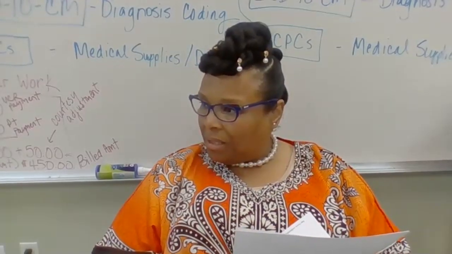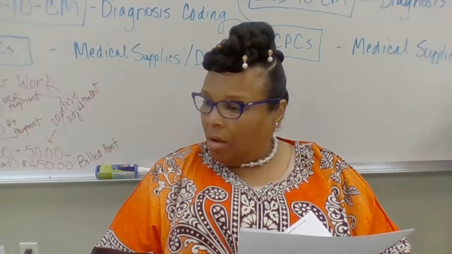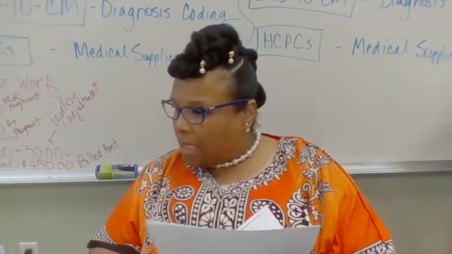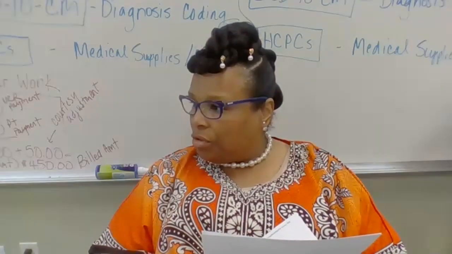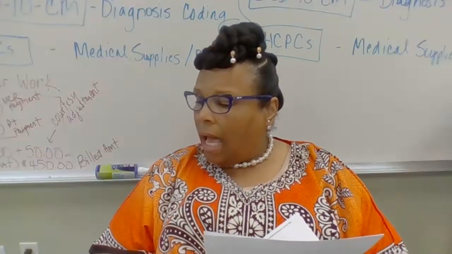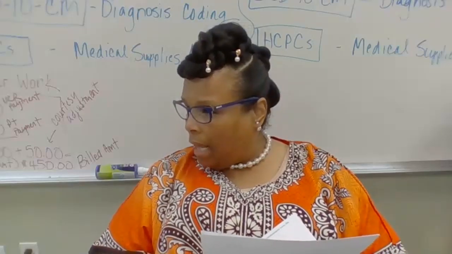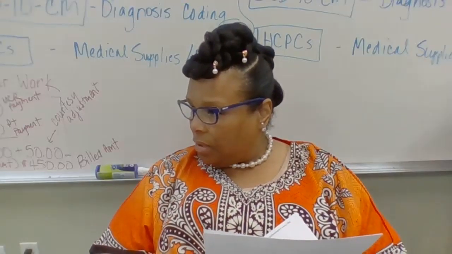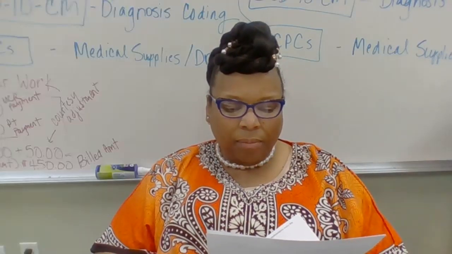What's your question, Brenda? Okay, so let's look at it for example. If the patient had met their $500 deductible, look at the deductible amount, Brenda, and the patient had met it, then the deductible would say $0. Okay, then the allowed amount would still be the same.